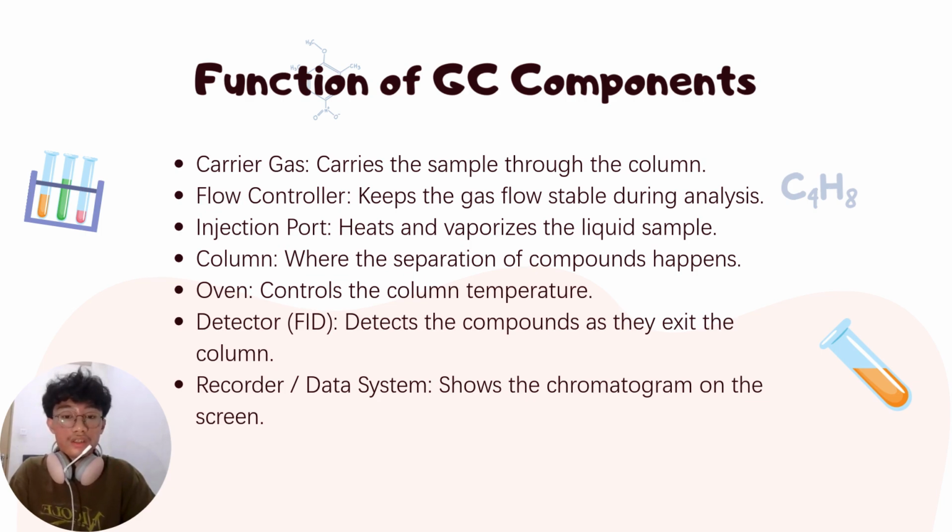Flow controller to keep the gas flow stable during analysis. Injection port, it heats and vaporizes the liquid sample. Column, where the separation of compounds happens. Oven, controls the column temperature. Detector, FID, detects the components as they exit the column. And the last, recorder or data system, it shows the chromatogram on the screen.